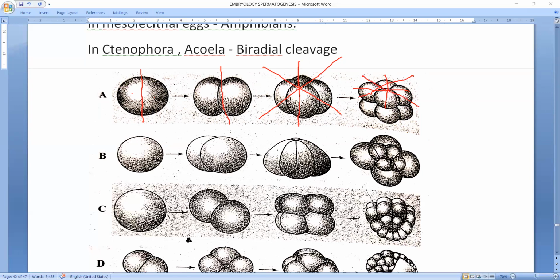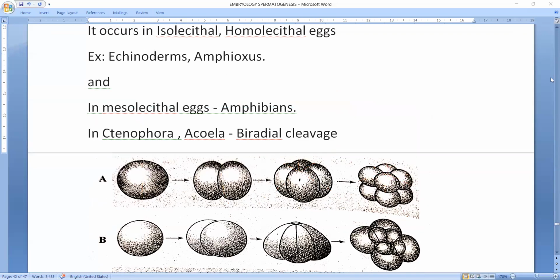Such symmetry is radial symmetry, and such type of development is called radial holoblastic cleavage or radial holoblastic development. So that is the first one.